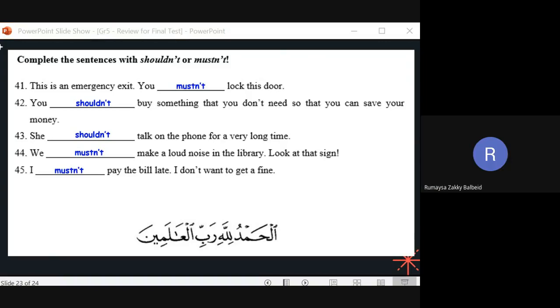Okay. Now, did you know 5D that today is the last meeting with you in grade 5? Yes, this is the last time that I see you in grade 5. Inshallah, we'll meet again in grade 6. Because the final test will be with Miss Hafsa, but not with me.